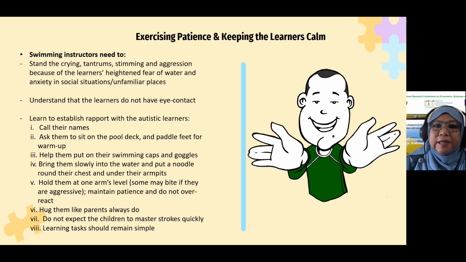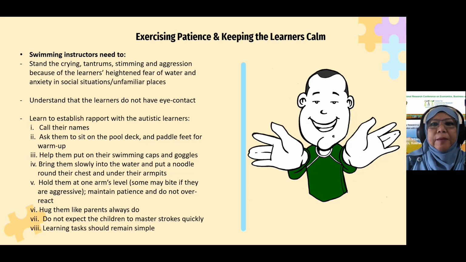And autistic learners, autistic children, autistic people, they have what we call stereotype, which means that they cannot have too many unfamiliar things to do at one time.